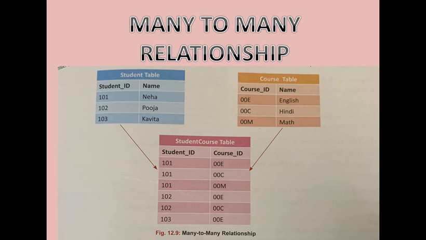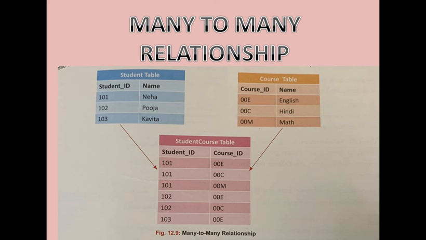So in RDBMS we cannot implement the many-to-many relationship directly between two tables. It is not possible. First break the many-to-many relationship into one-to-many relationships by using a third table called the join table. This is the student course table, that is the join table, and the join table contains the primary key fields of both the tables.